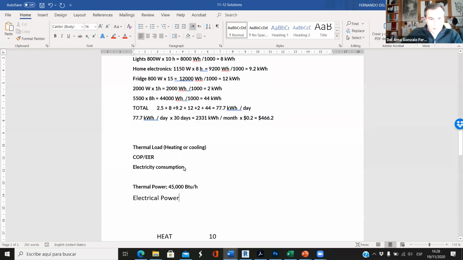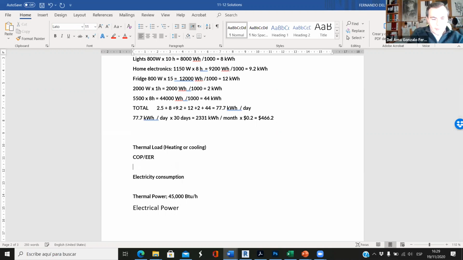Okay, so this is the idea. You have to connect thermal loads for heating and cooling, the COP and EER, the coefficient of performance or the energy efficiency ratio, and the electric consumption.